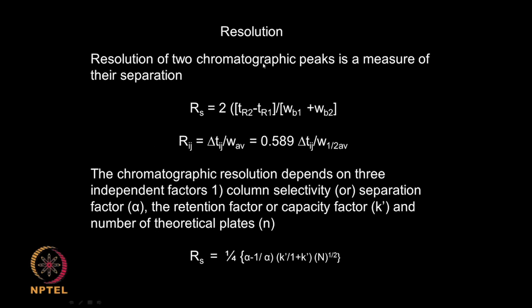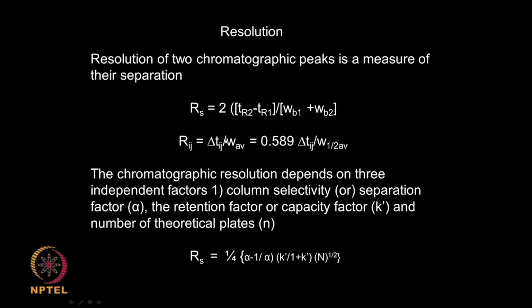There is something called resolution. Resolution is a measure of how well two chromatographic peaks are separated. Are they good or are they bad? Basically, resolution is determined like this: 2 times the retention time for peak 2 minus retention time for peak 1, divided by the width at base for peak 1 plus the width at base for peak 2.